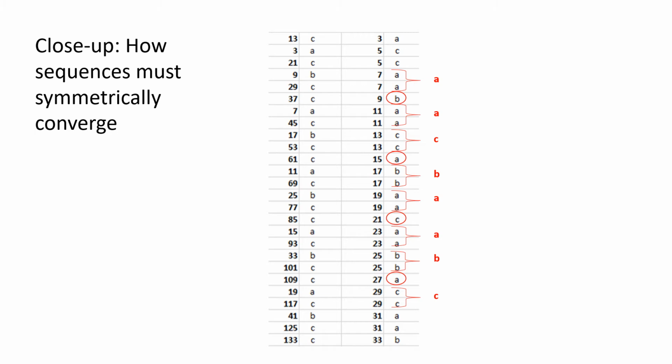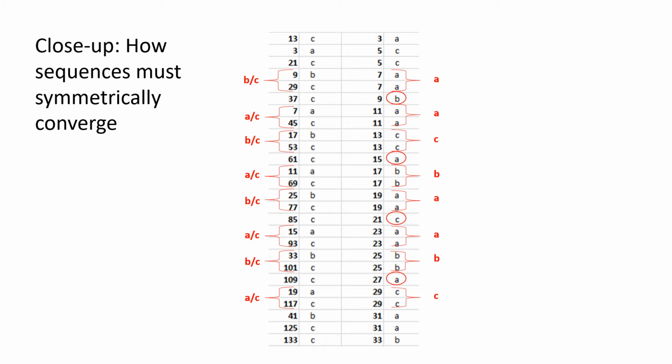So there's only one 7, there's only one 11, there's only one 13, but there's 2 inputs for each of those numbers. And the interesting thing is that C is always one of those inputs.